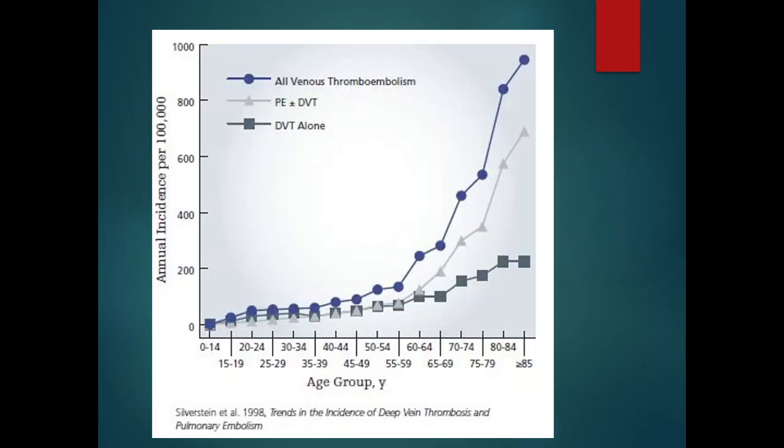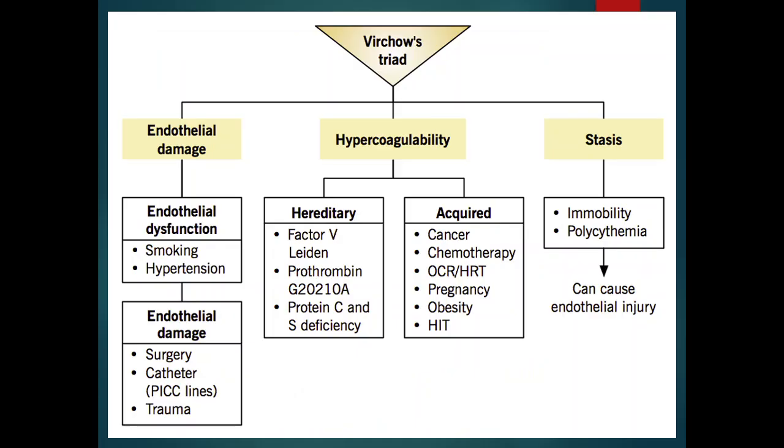Pulmonary embolism is unusual below the age of 40, 50. It is usually a disease of the older folks, especially in the Western population. Now, I said it's very important to suspect it in patients who are older than 40.